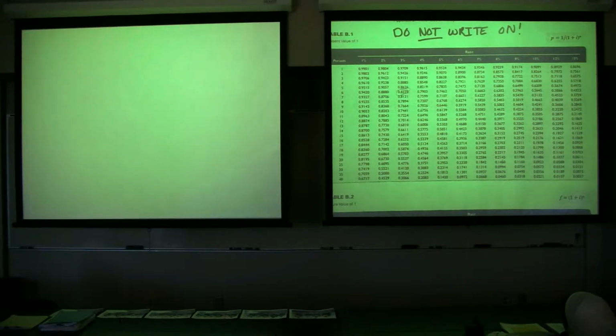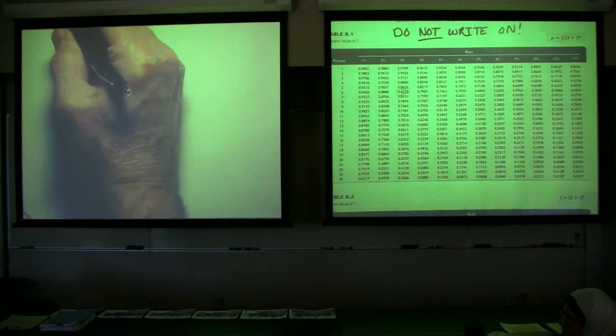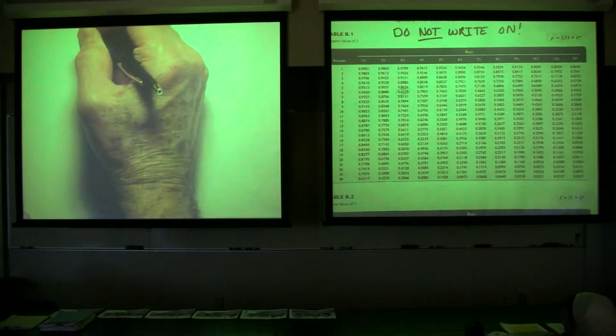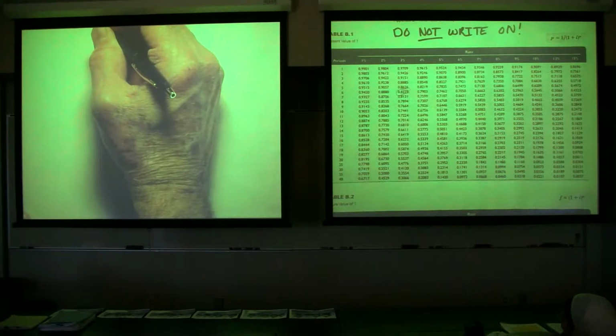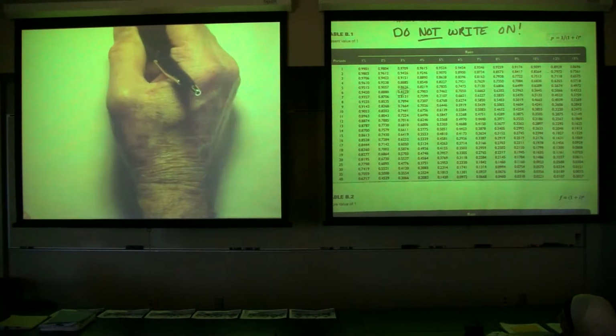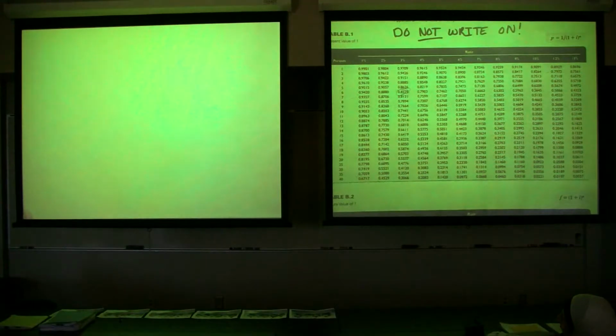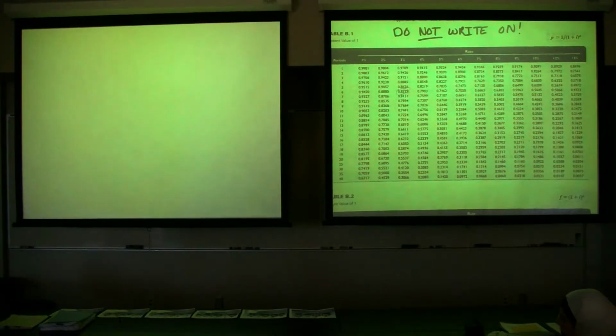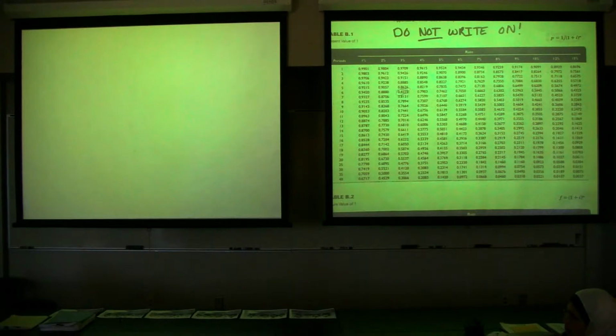So, let's do this. As an example of using table 1, let's take a look at quick study B4, and we find that on page B7. So it's found on page B7, it's quick study B4. Here's how it reads.